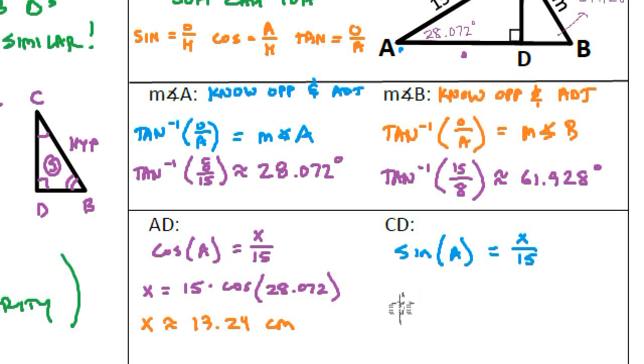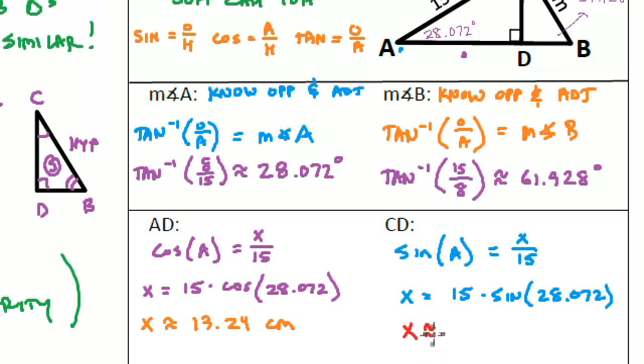So there we go. Let's rewrite this. We multiply both sides by 15 because the variable is on top. 15 times sine of angle A, which is 28.072. Let's plug that into our calculator.